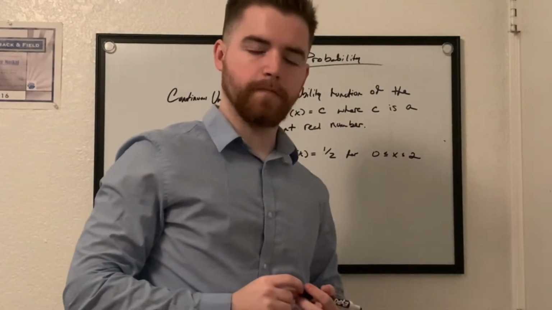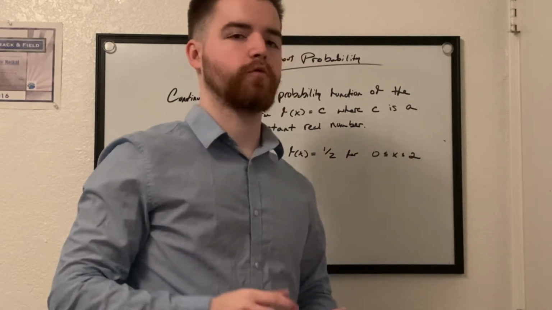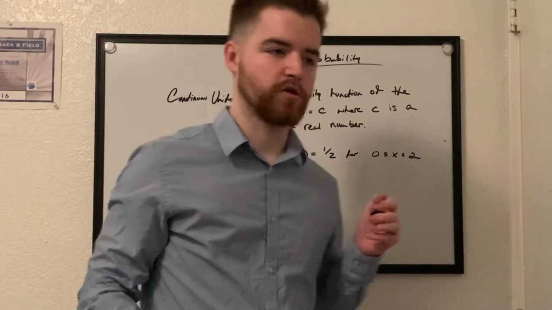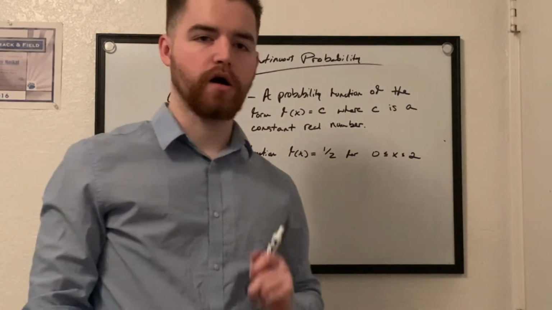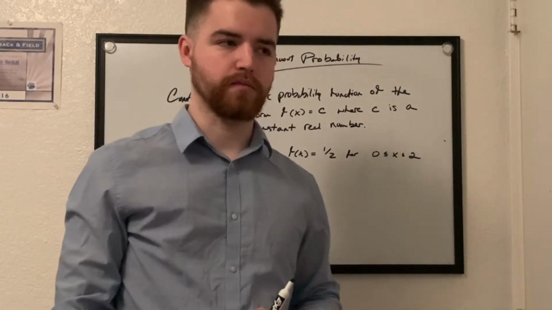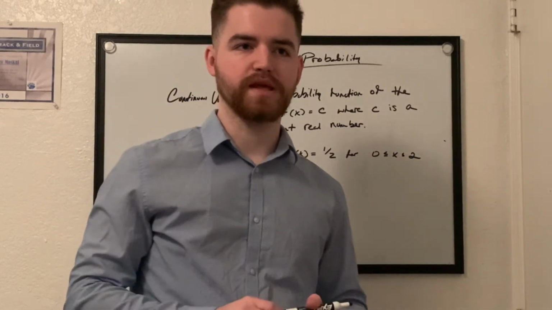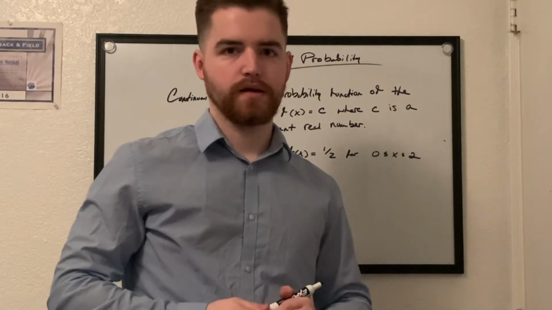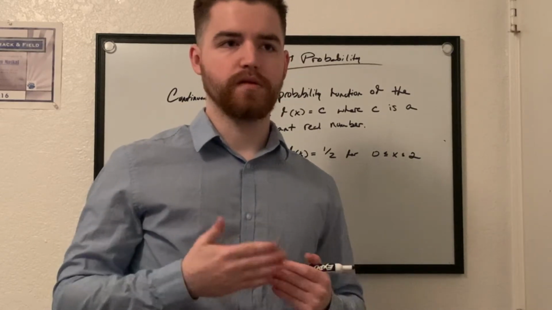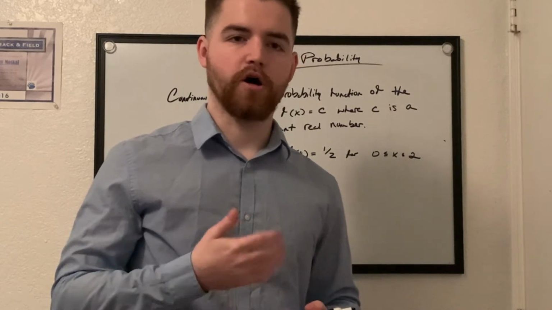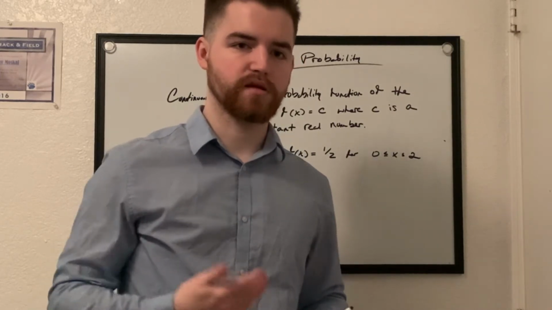Like we did with discrete models and distributions, continuous distributions must also follow the law of total probability, and I'll show you how this one does. If you don't remember, the law of total probability simply states that the individual probabilities of all possible events in your model must sum to 1.